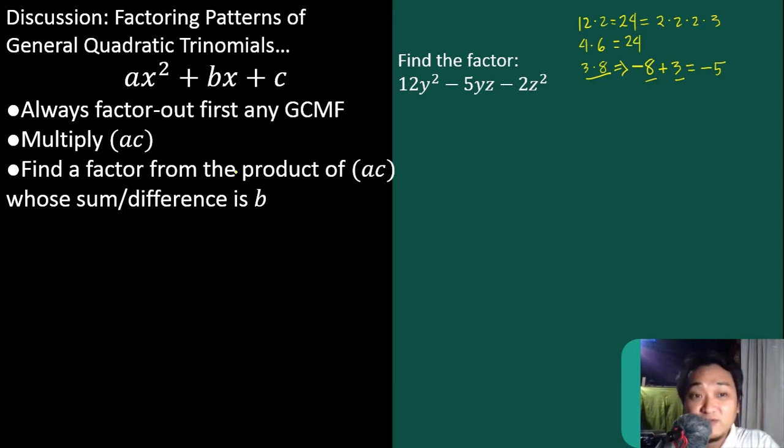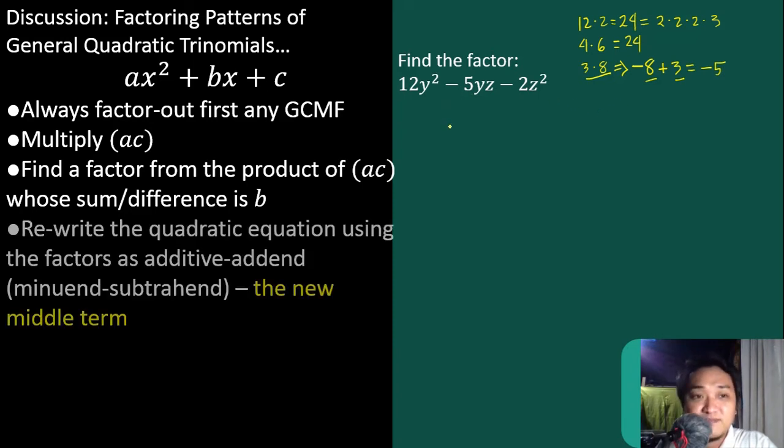Now that we were able to find the product of AC, which is 24, and the factor of 24 is 3 and 8, and whenever we add them such that negative 8 plus 3, it will result to the middle term, which is negative 5.